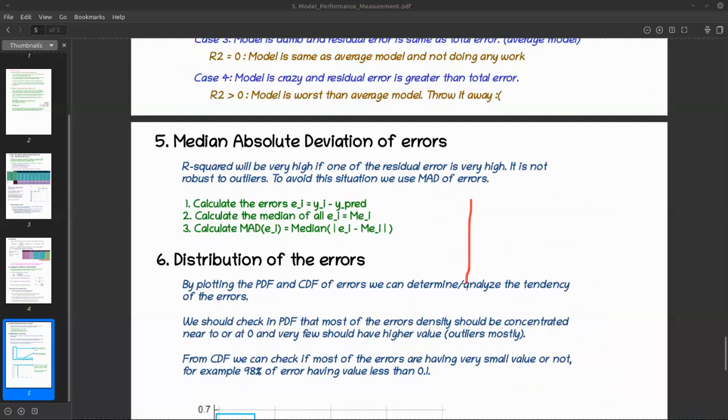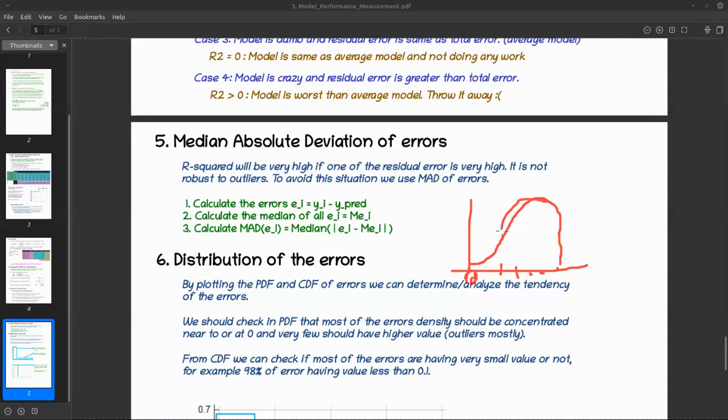Now, can anyone please answer: if I have a PDF something like this, let's say, which is nothing but 0, 1, 2, 3, 4, 50, is this good or bad? This is the PDF of my error, whatever error I'm looking at.